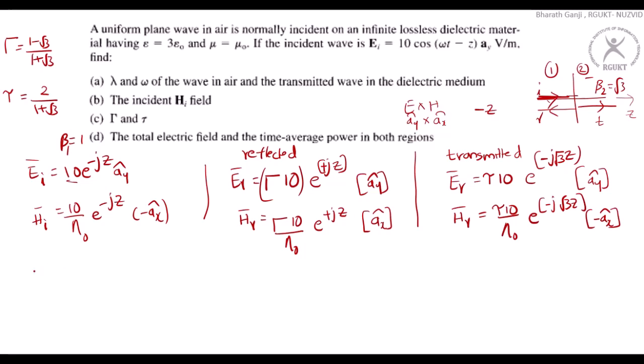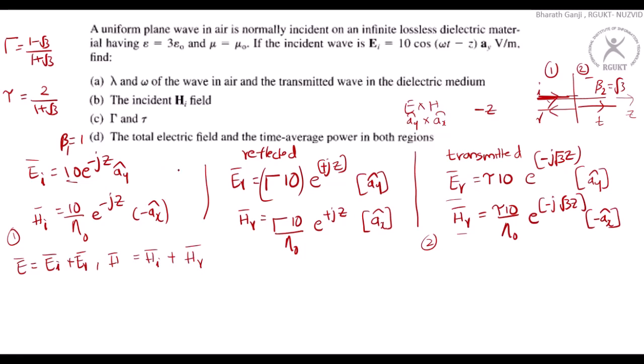If you ask me what is the total electric field, the total electric field is Ei bar plus Er bar in the first region, whereas in the second region the field is Et and Ht, right? In the same way, H bar is Hi bar plus Hr bar.